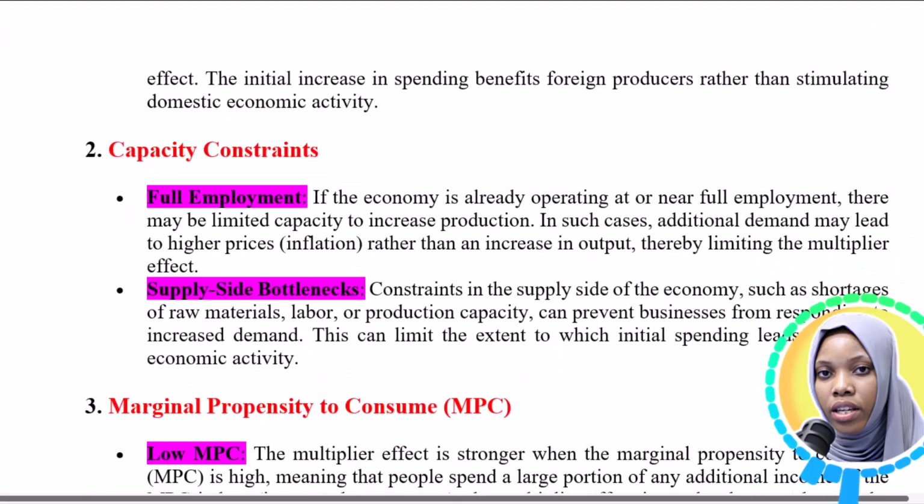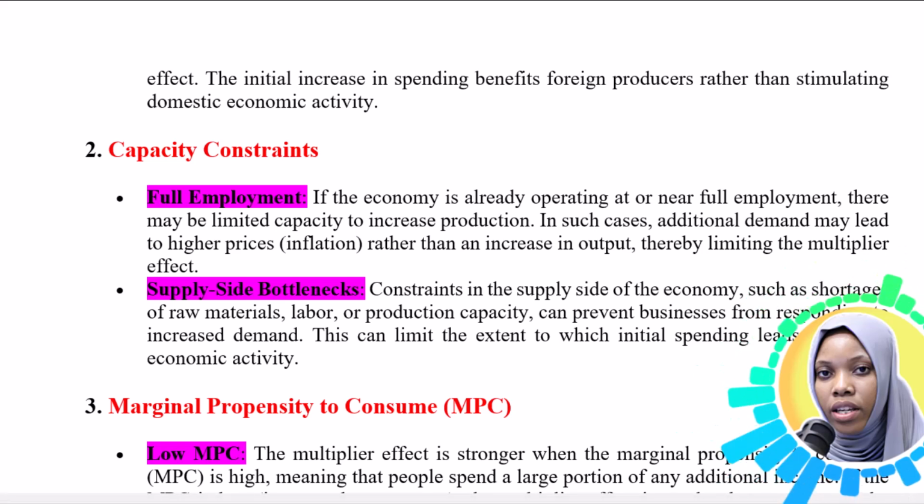Another factor is capacity constraints, and that is full employment and supply side constraints or limitations. Under full employment, it occurs when the economy is already at full employment, and so the economy cannot produce more.